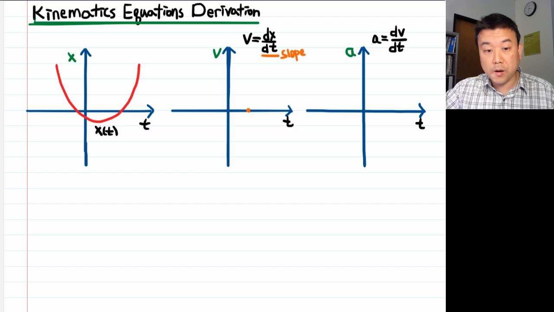So I plot out velocity that gets more and more positive at each moment in time. And to the left of that, or earlier time before when velocity was 0, the slope is negative, downward sloping. So I also plot out ever more downward sloping velocities to the left of that point where velocity is 0.